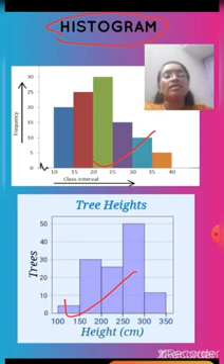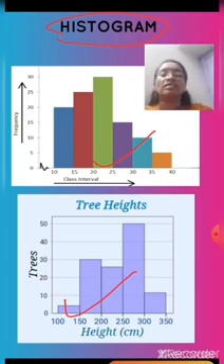Some topics are deleted in this chapter. There are two types of histograms. If the class size varies, what to do? That second type is not in your syllabus because of the corona situation, it is a deleted topic.